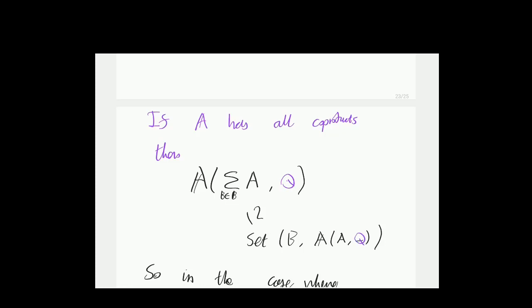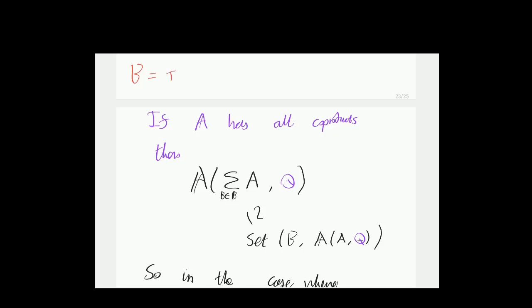So what we're saying here is that the set of arrows in scripty A from this coproduct of A with itself, B times, to Q is naturally isomorphic to a function which sends B to the set of arrows from A to Q. So let's just look at a special case of this, just to understand how this works, at least roughly. Let's take the case where B is just a 2-element set.